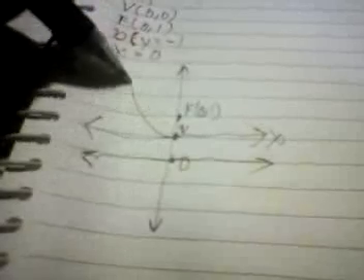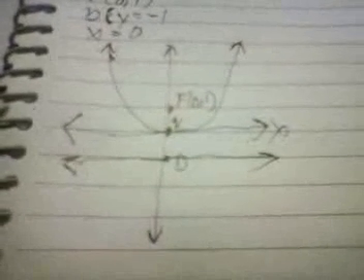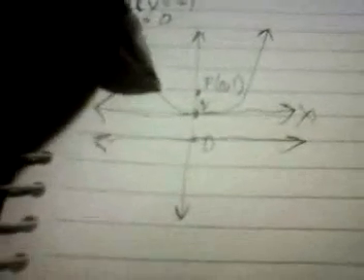And now we will try to draw it. So here it is. This is the graph of x squared is equal to 4y. By the way, this line that passes through the focus is called the latus rectum.